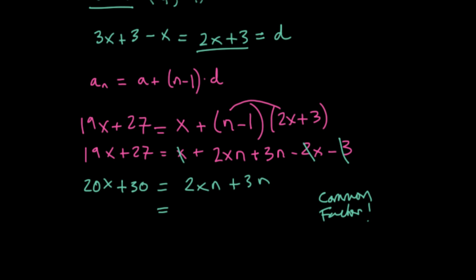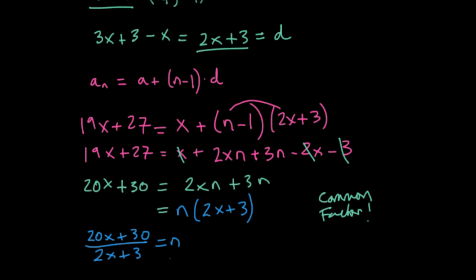And that's going to allow us to solve it. How do we do that? We say, well, n is here and n is also there. So we take n out, and we're left inside with 2x plus 3 only. Now we have the n like that, we can divide both sides of the equation by 2x plus 3, and we end up with 20x plus 30 over 2x plus 3.